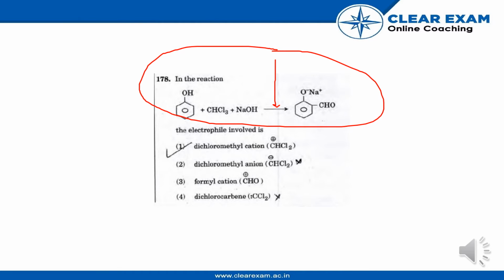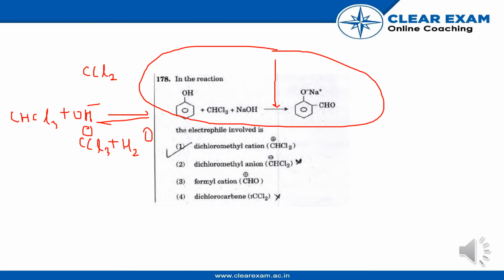If we recall the Reimer-Tiemann reaction, the electrophile is dichlorocarbene, which is CCl2. According to the Reimer-Tiemann reaction, CHCl3 plus OH minus is an acid-base reaction, so CCl3 minus is formed and H2O is formed.